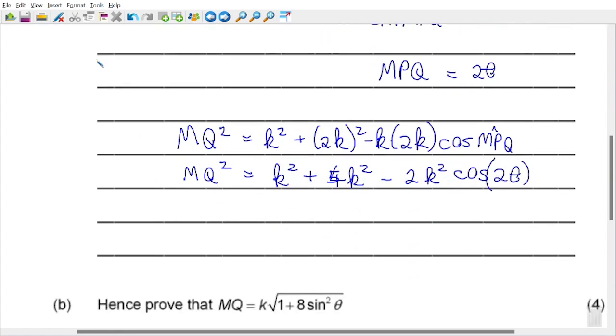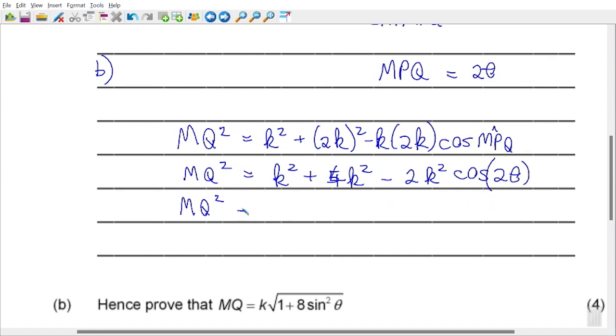This is the answer to question B. I'm just writing it so I can see here. I'm trying to show that it's got an expression only in terms of sine squared theta. If you've learned your identities, you will know that there are 3 different possibilities for cos 2 theta. One of them involves only cos squareds, so in other words 2 cos squared theta minus 1.